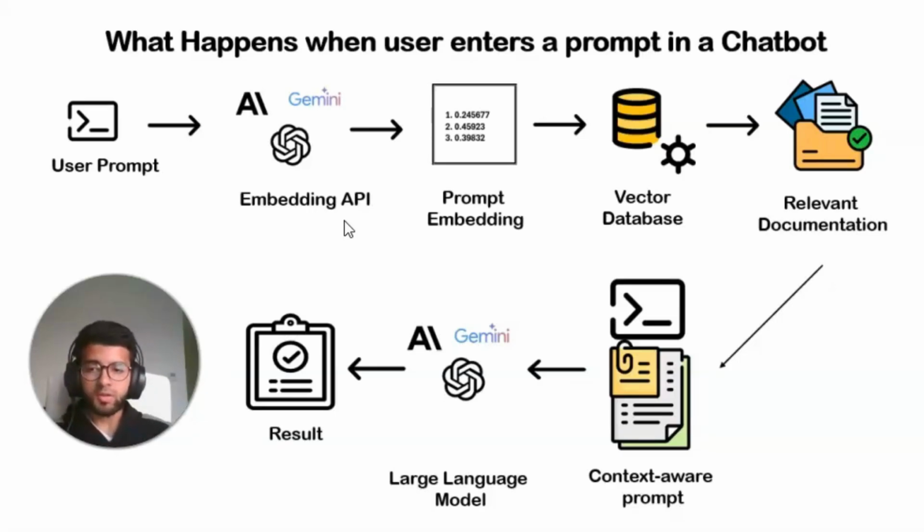Now we're going to use the API, which is the Application Programming Interface, of, let's say, OpenAI, to embed the knowledge base. What does it mean to embed the knowledge base? Basically, we're going to do two things.